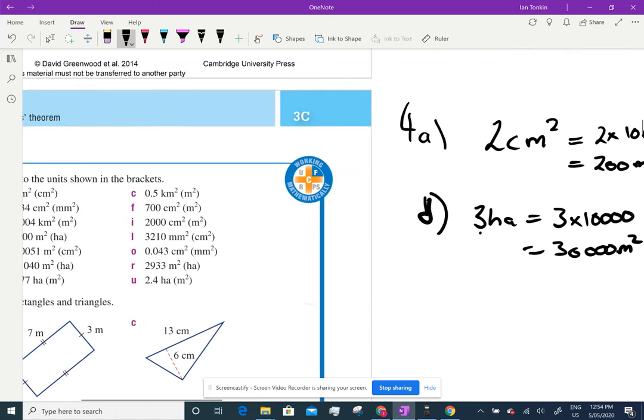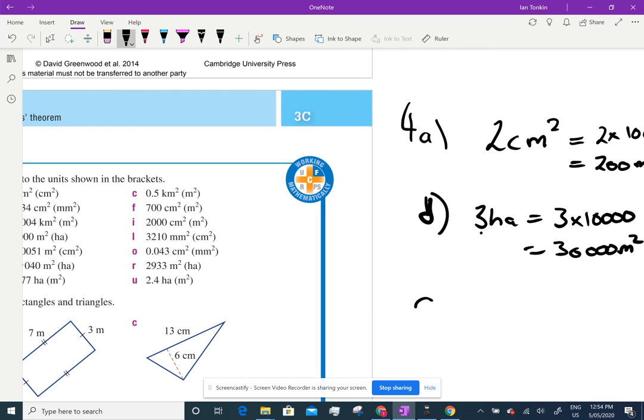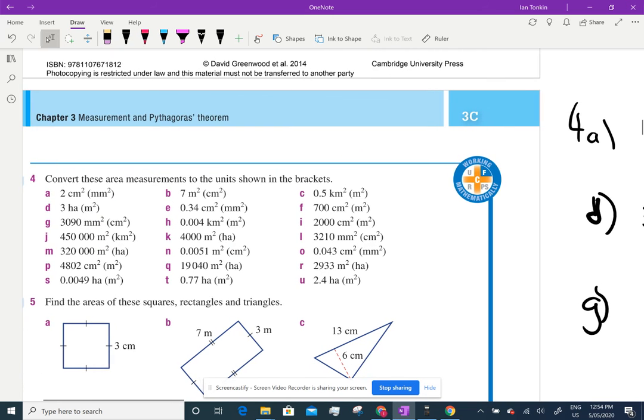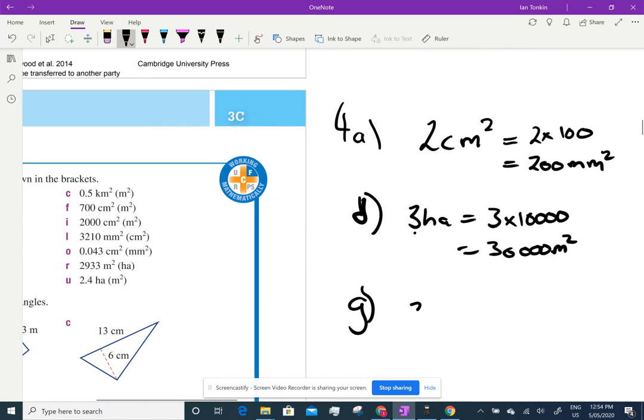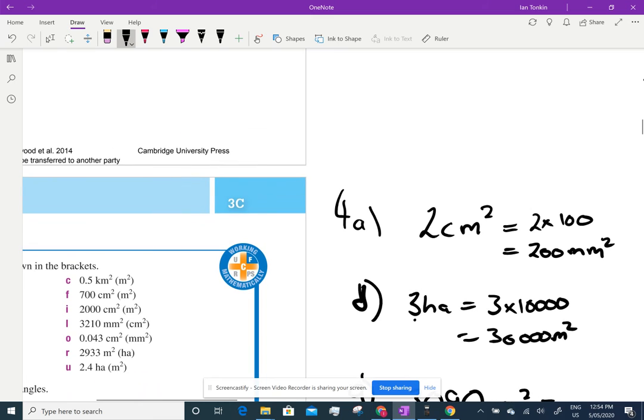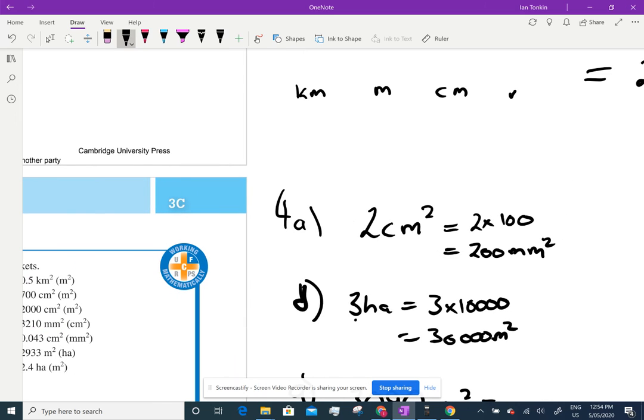Millimetres squared to centimetres, A, B, C, D, up to G. What do we got? Millimetres squared to centimetres. We've got 3090 millimetres squared. I'm going back the other way this time, so I'll just write that there. So kilometres to metres to centimetres to millimetres. If I'm going down this way, I'm timesing, and that's 1,000 by 1,000, so we said that's a million.